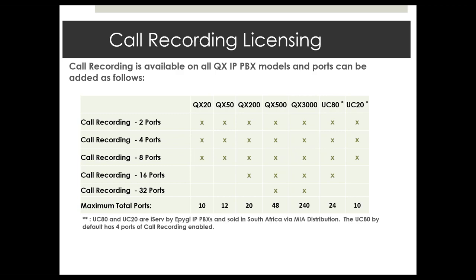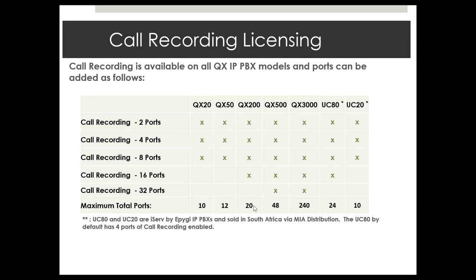So you just want to have enough recording ports available for the number of calls that you need to have recorded. You can add those in increments of 2, 4, 8, 16, or 32, up to the maximum total ports available for the particular PBX. For example, the QX200 can have up to 20 simultaneous calls recorded.